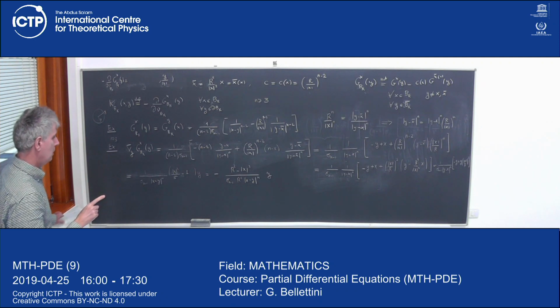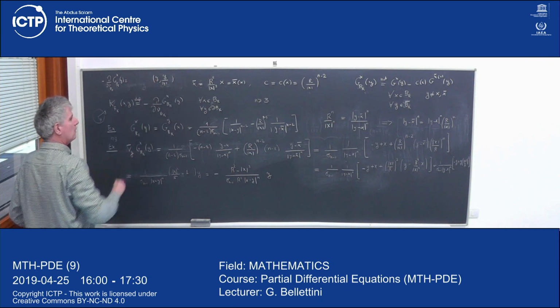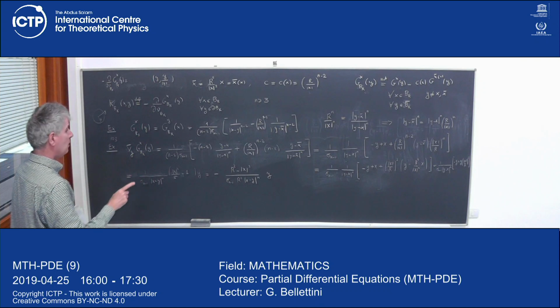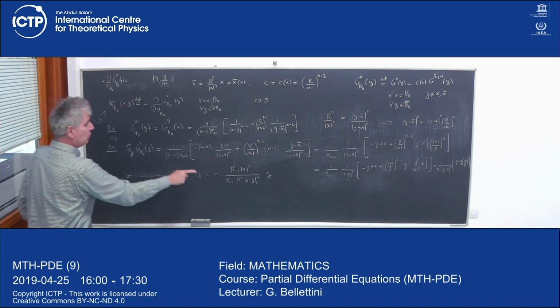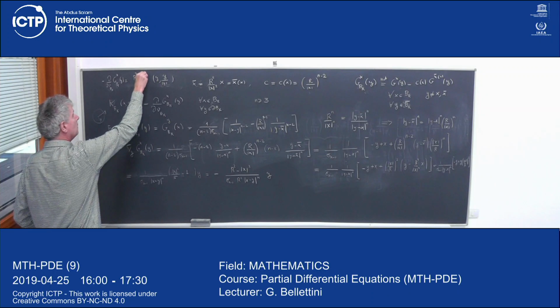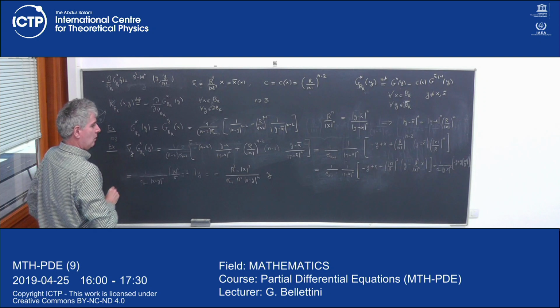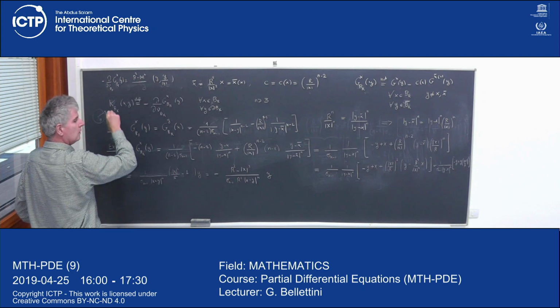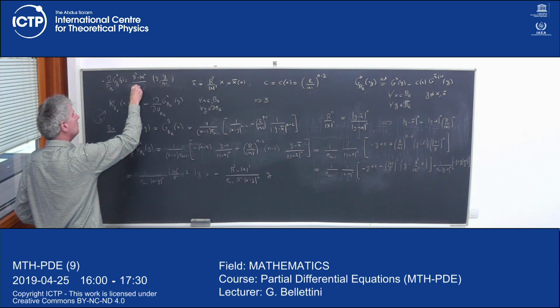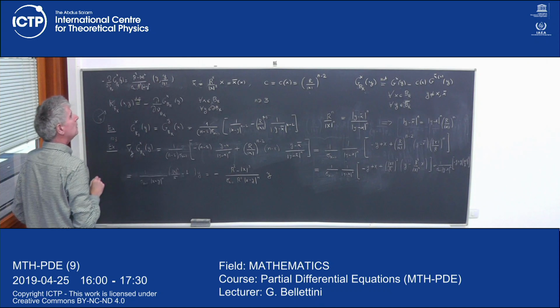Okay, so just the scalar product of this, and there is a minus and another minus, so two minuses become a plus. So this is r squared, x minus y to the n.